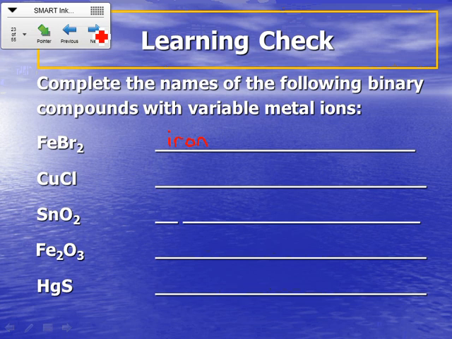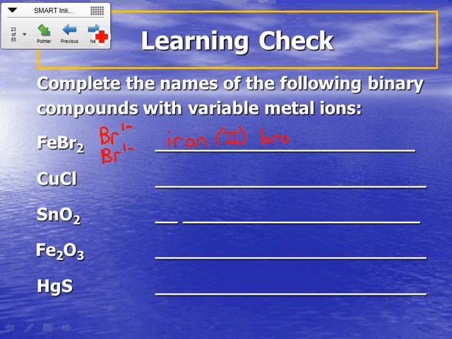Now, how do we know that? Bromine is a 1 minus charge, right? Because it's in group 17. There are 2 of those. So if I have 2 bromines, each with a 1 minus charge, the iron needs to be a 2 plus charge to balance out the bromines. Okay, so this is iron 2. Then what? Bromide.